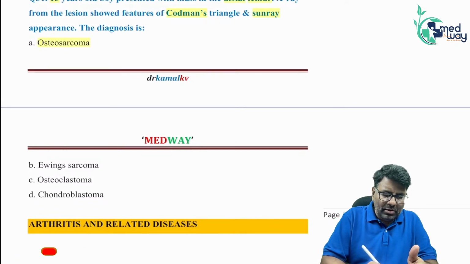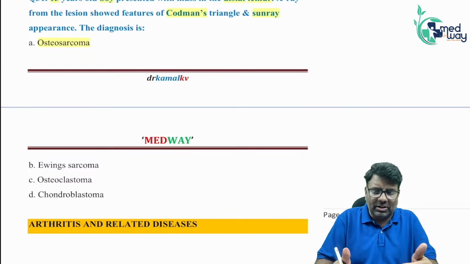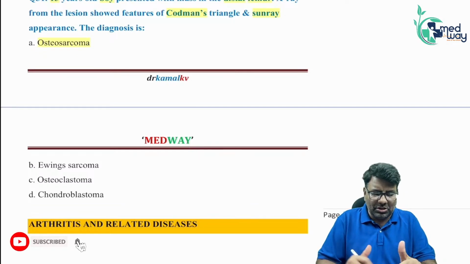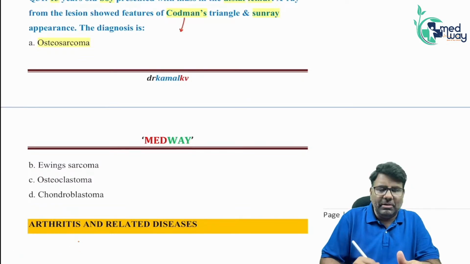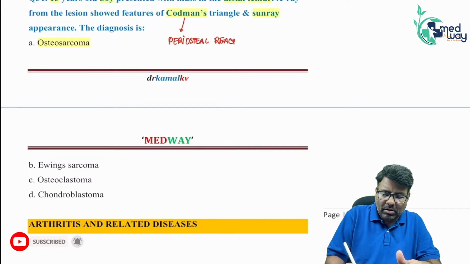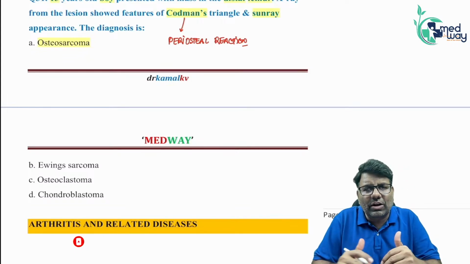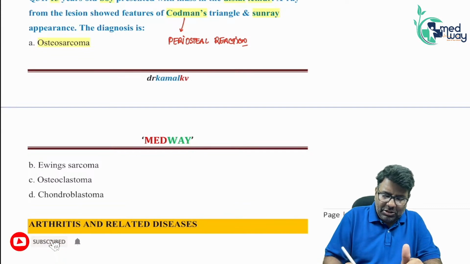So, young male, around the knee joint, especially distal femur, and Codman's triangle, sunray appearance, classical presentation of osteosarcoma. Now, this Codman's triangle is actually one kind of periosteal reaction. So, the periosteum is lifted from the cortex and it creates a triangular area known as Codman's triangle. And please remember that it is non-specific.